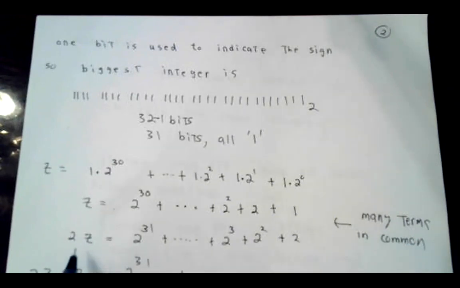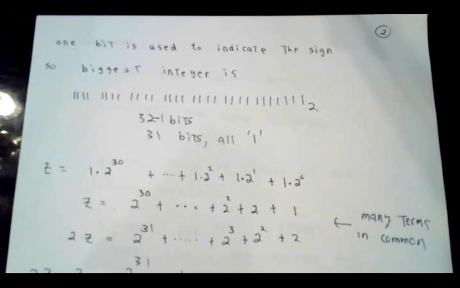So if you take 2Z and subtract Z from it, the only things that don't cancel out are the 2 to the 31 from the 2Z, and the 1s, which leave you with minus 1.